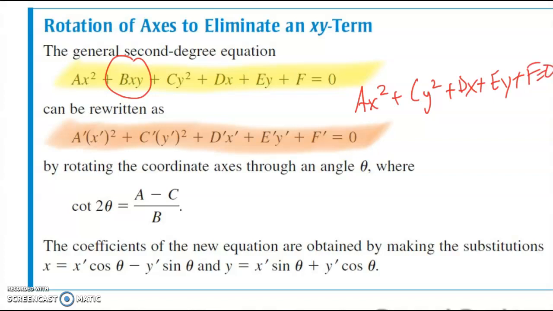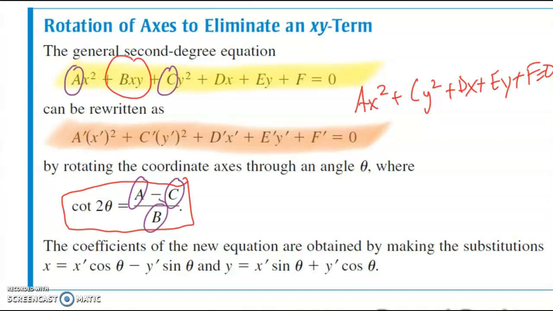Okay, so how do you find theta? Well, all you got to do is solve this equation. All right, and a is coming from the equation that we have been given. So this a is this coefficient minus c, this coefficient, over b, which is this coefficient.